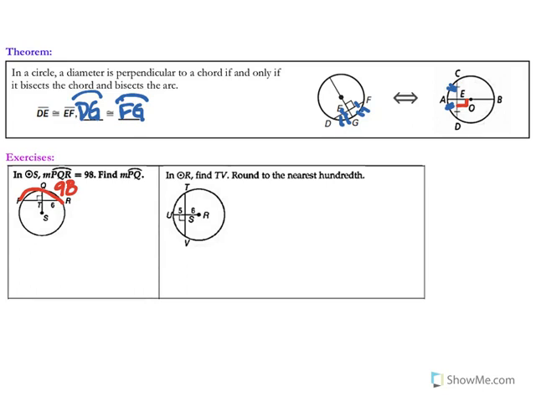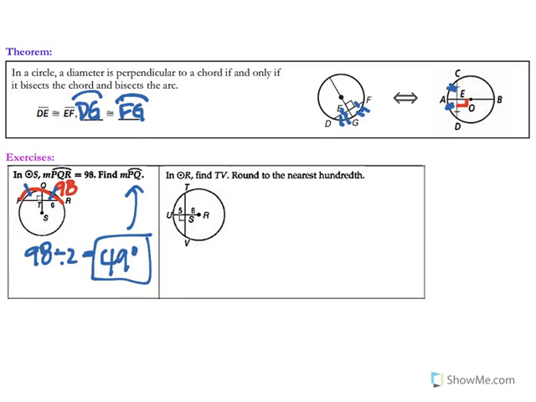I've got a little perpendicular mark, which means that my arc is split into two congruent pieces. It's bisected. So I can think of it as 98 divided by 2, and that's going to be 49. Oh, that looks like 99. Let me fix that. 49. So that's how much measure of arc PQ is.